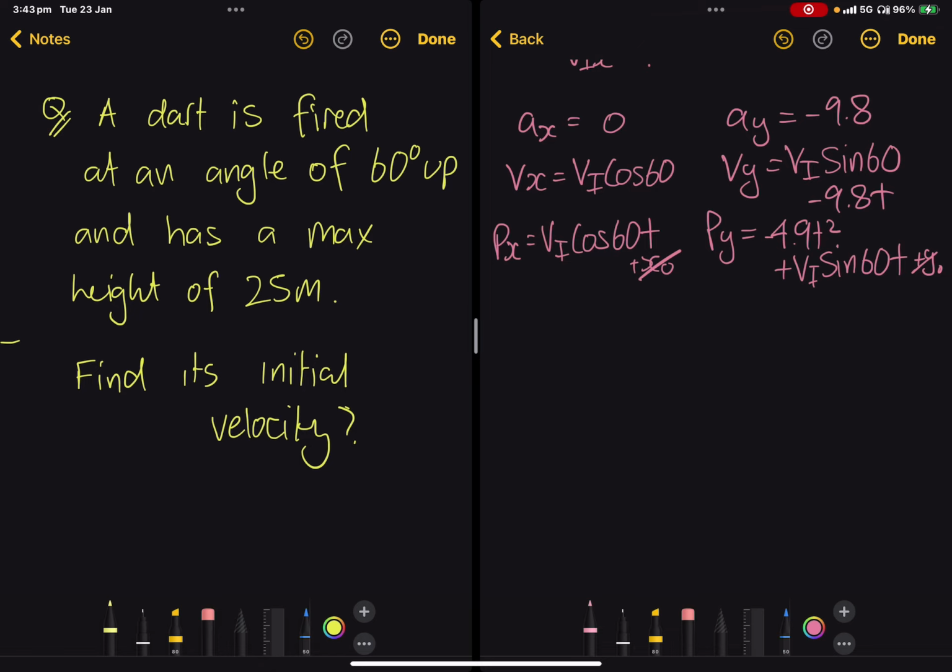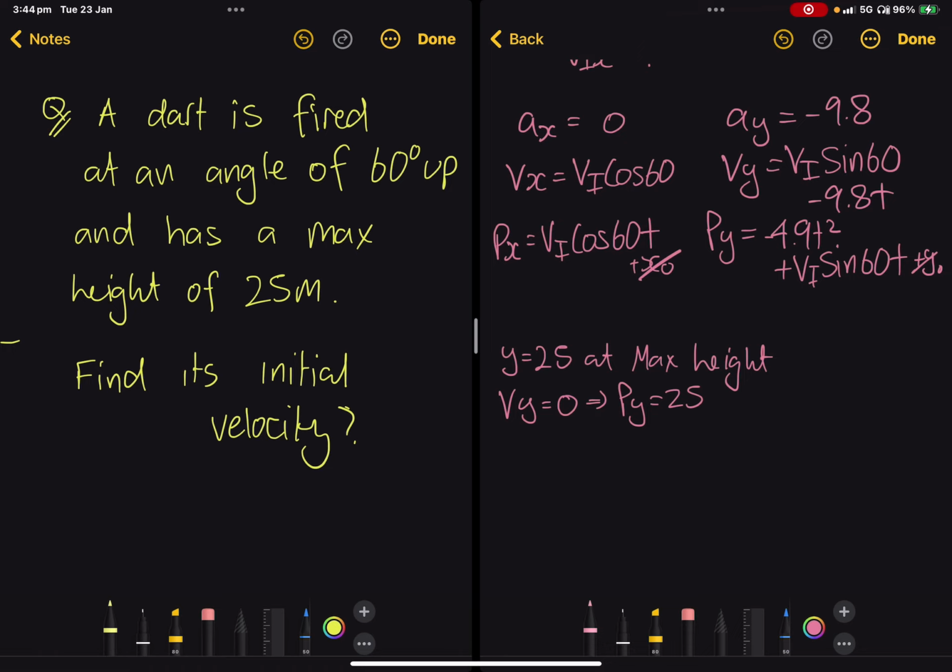First, we know that y is equal to 25 at the max height. So y equals 25 when v of y is equal to 0. So velocity of y equals 0 implies that the position of y is 25. These happen at the same time.